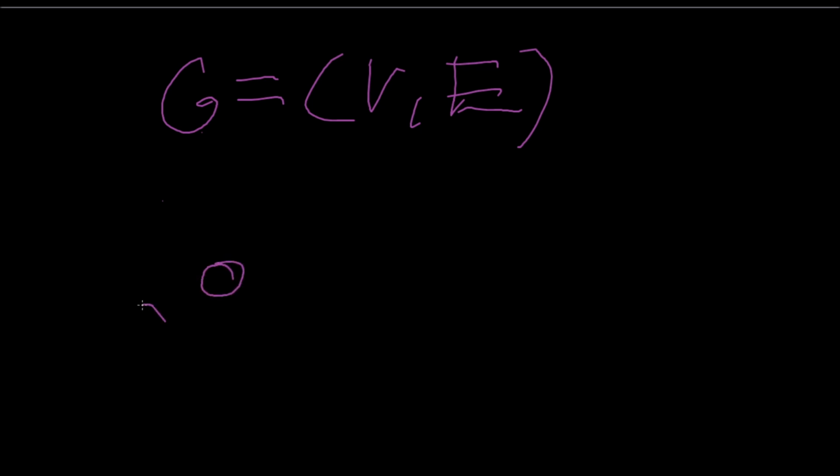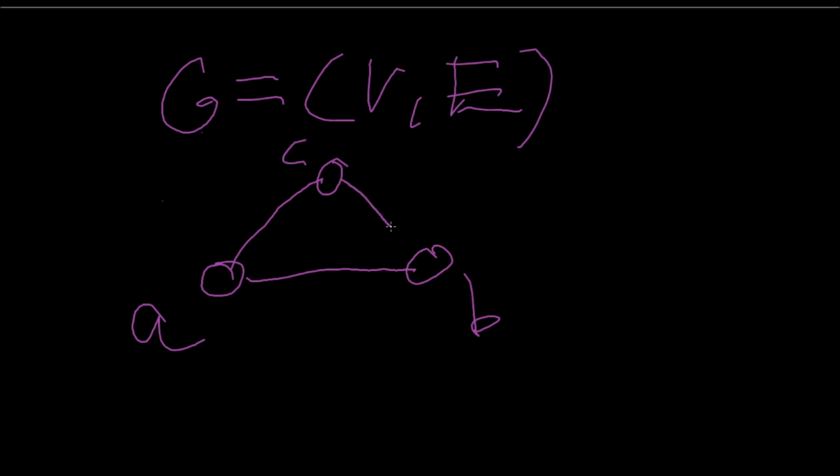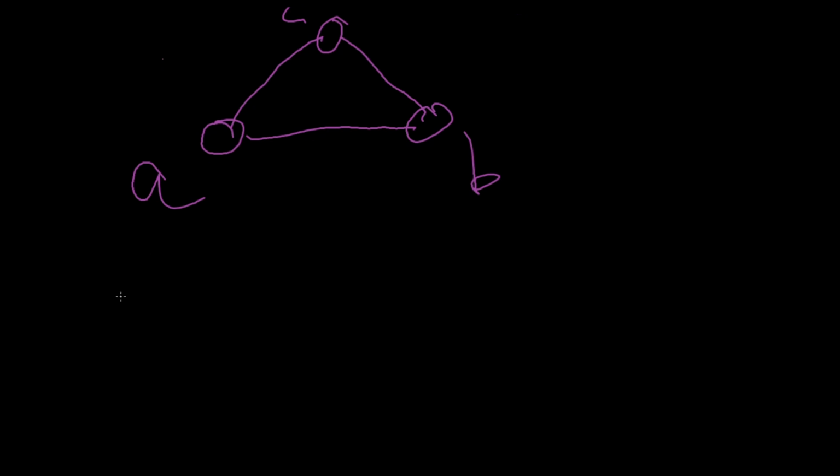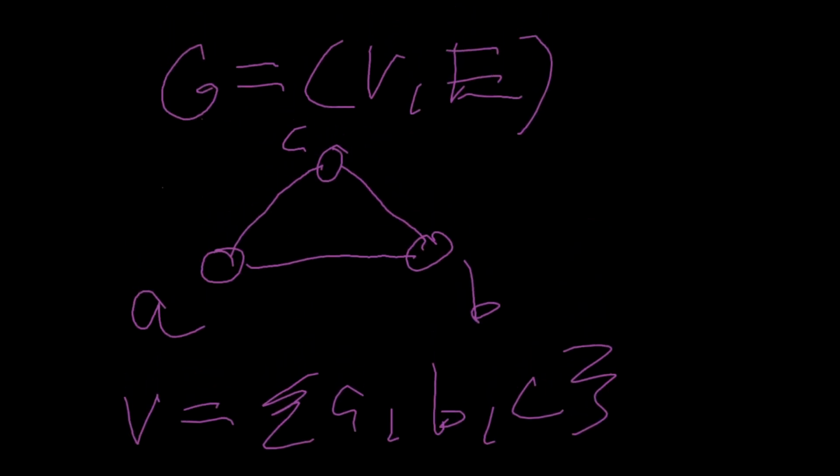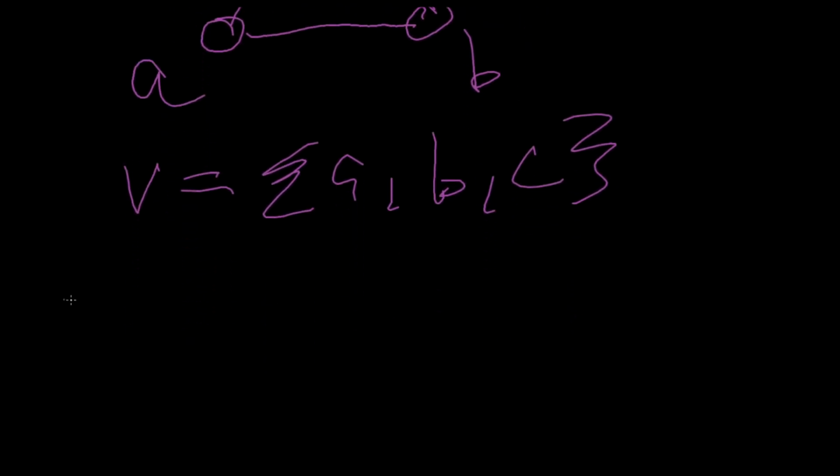Let's say we have a vertex A, which is connected by an edge to vertex B, and both of these vertices will be connected to C by two other edges. So the vertex set for this graph in particular will be the set containing A, B, and C, and the edge set will count all the edges connecting them.